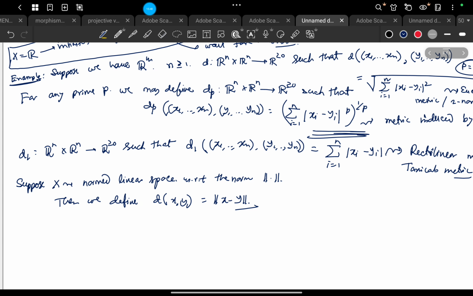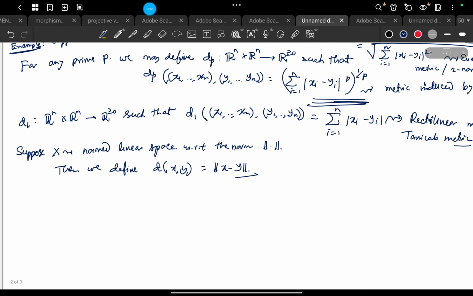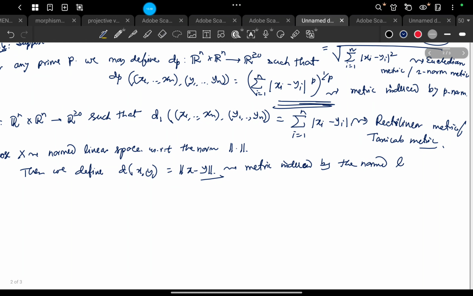This is how one can define the map. This is the metric induced by the normed linear space, or the norm.